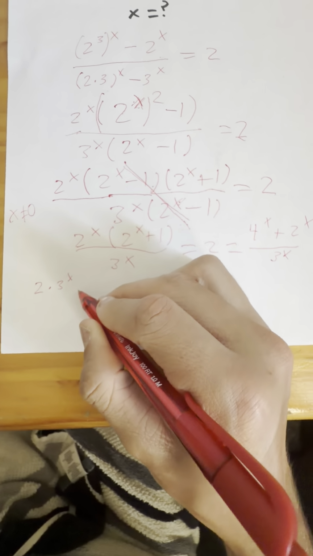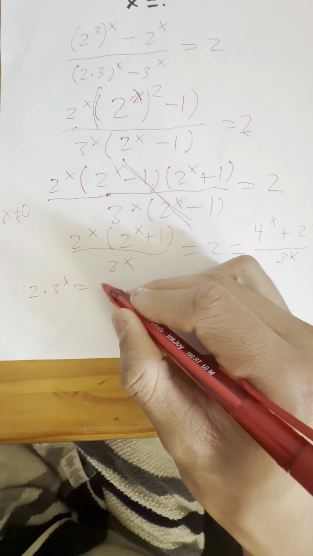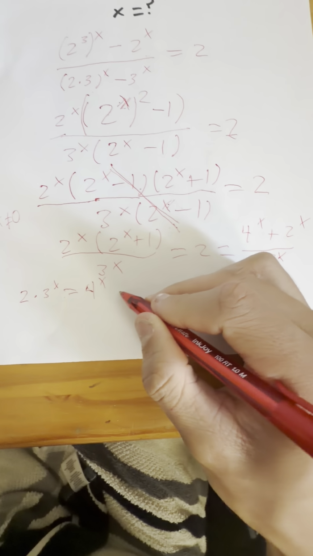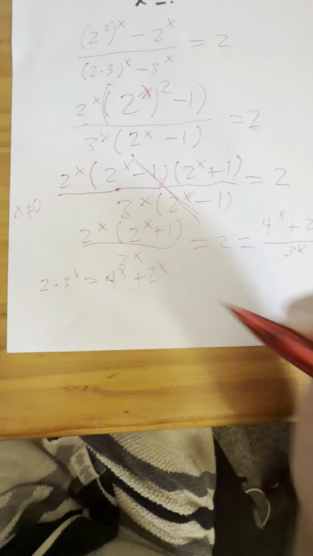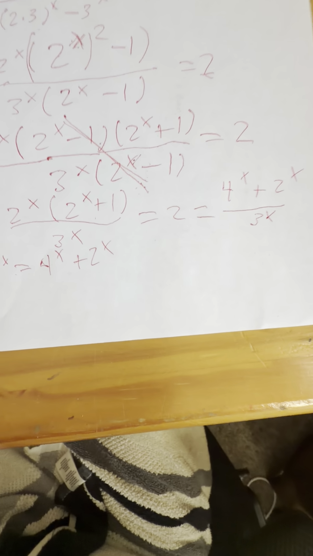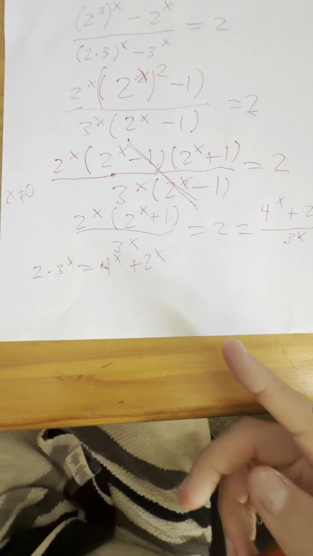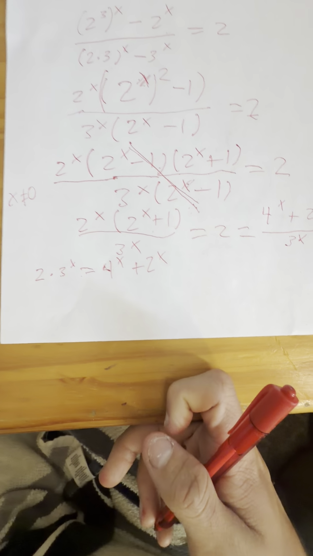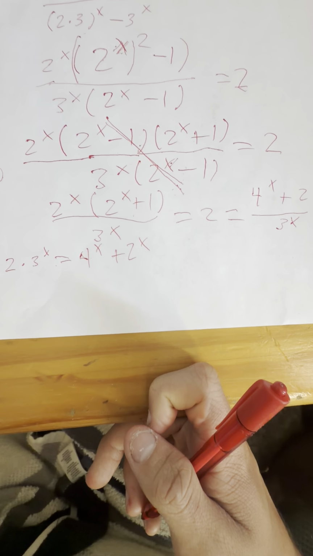Two times 3 to the power x equals 4 to the power x plus 2 to the power x. Alright. Now we could divide every term by 3 to the power x to group the exponential bases together.